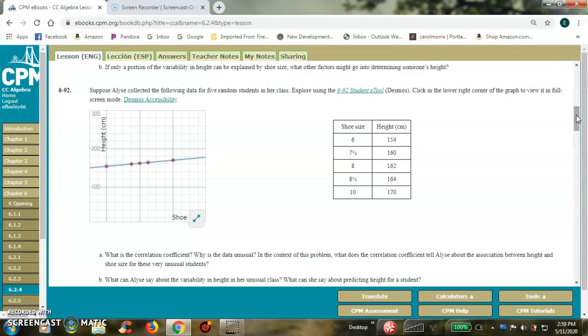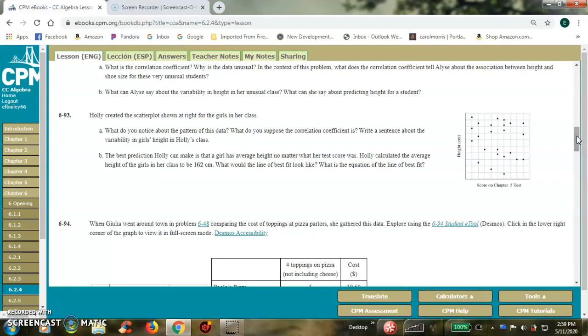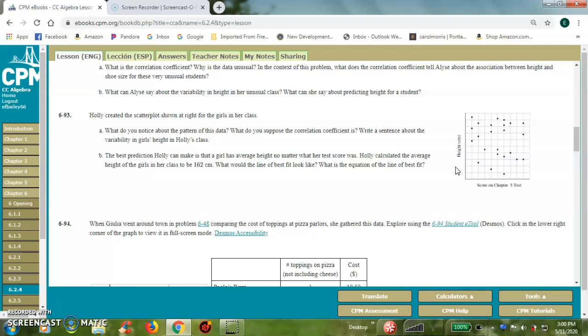All right, then this one here. Holly created this scatter plot shown at right for the girls in her class. I hope you can see by looking at this that there's no correlation at all. So this was the score on the Chapter 5 test compared to the height of the girls in the class. The correlation coefficient in this one is 0.